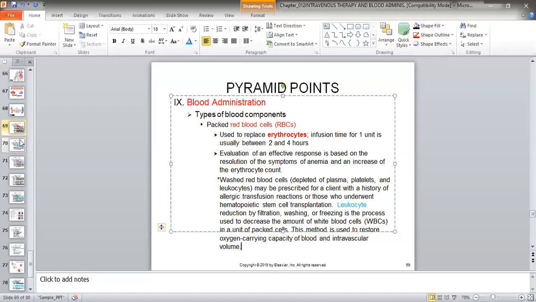Don't forget, before blood transfusion, you must check the patient's vital signs. So the NCLEX board sometimes asks, what must be done to determine a client's baseline before starting blood transfusion or blood administration? Simply take the vital signs.